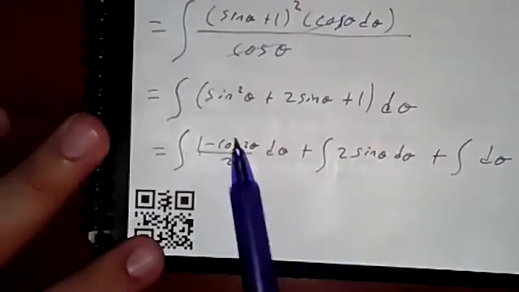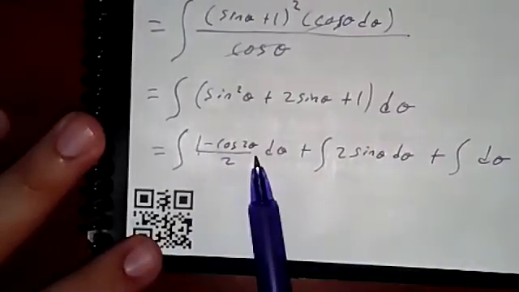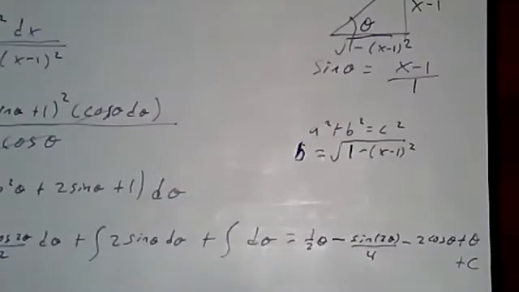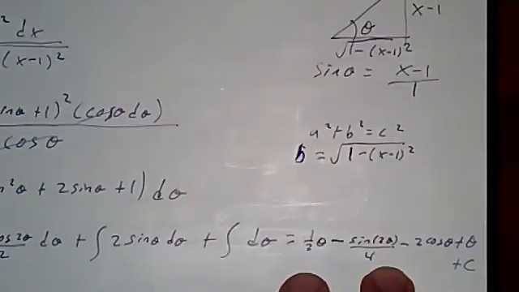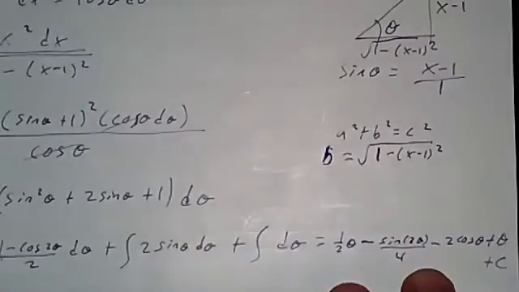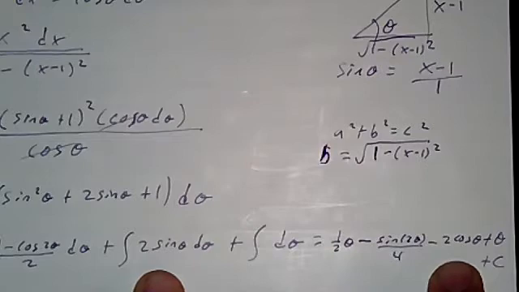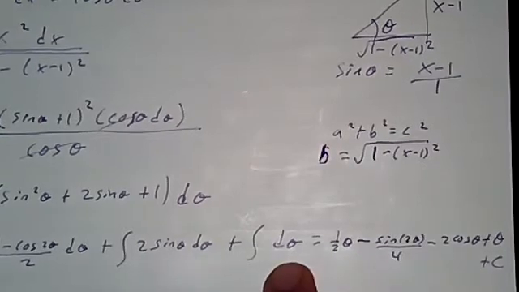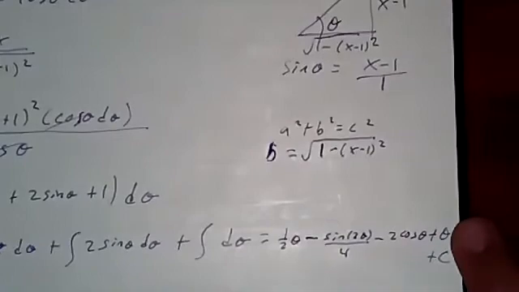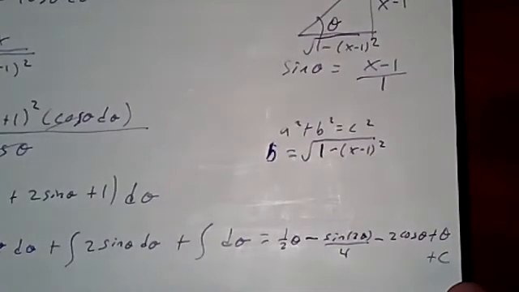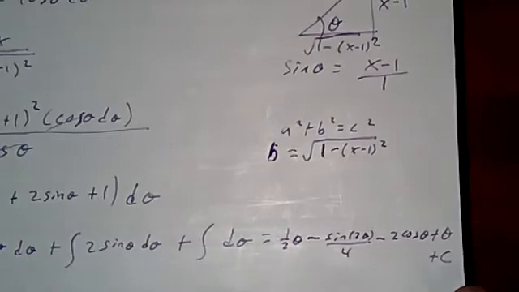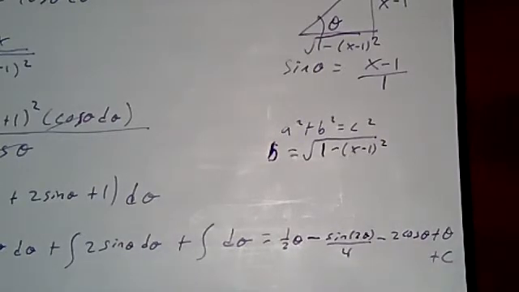So I integrated this guy right here and got these first two terms. And then I integrated the middle one, which is this one, and got negative 2 cosine. Integrated theta and got a theta. And then of course plus C. That's minus sine 2 theta over 4. Yeah.